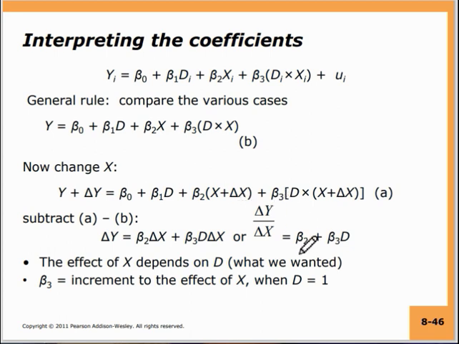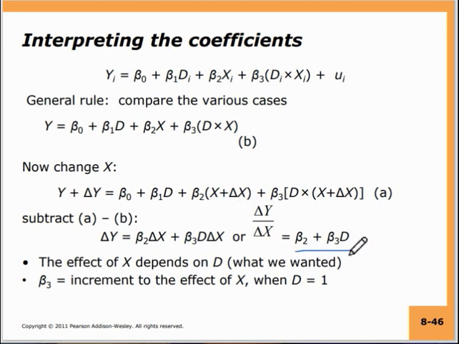When d is equal to 0, here x is changing, d is not changing. So when x changes by delta x, you have beta 0 plus beta 1 d plus beta 2 (x plus delta x) plus beta 3 d multiplied by (x plus delta x).